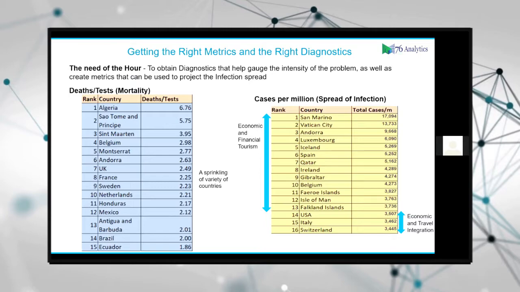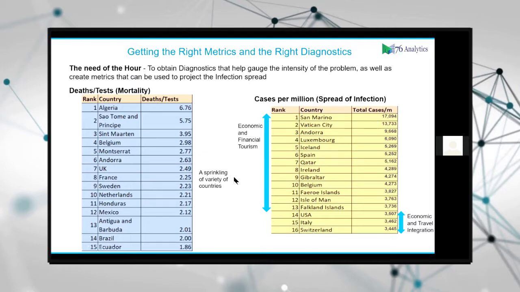Now, if you're trying to work out in a refined way that not every country or state has been equally tested, then you would like to look at a metric which is deaths per test, which is the mortality metric. That's the chart we have on the left-hand side.